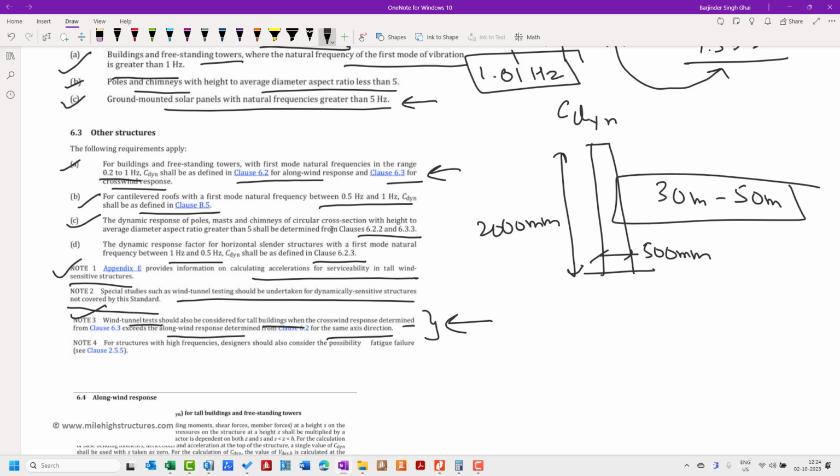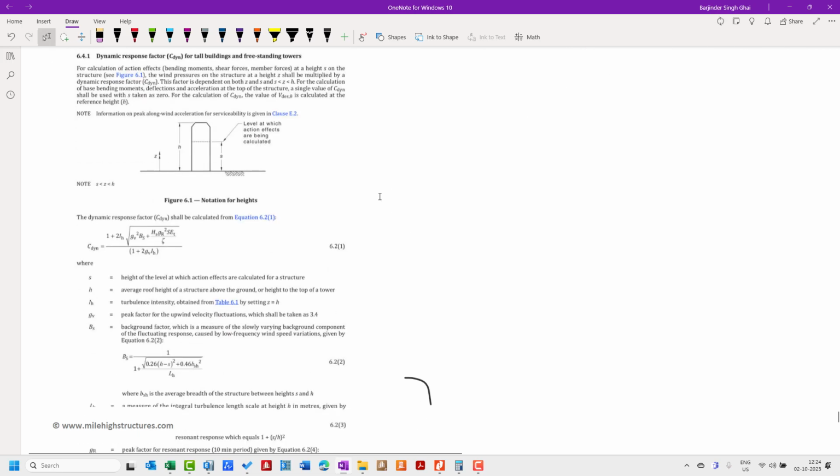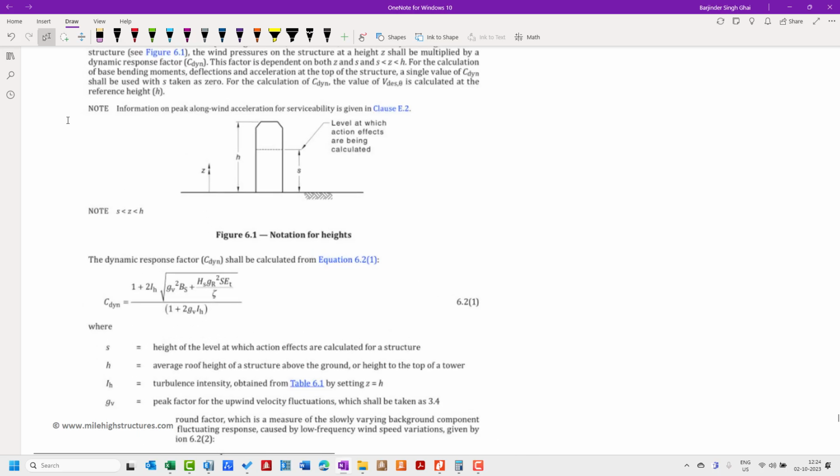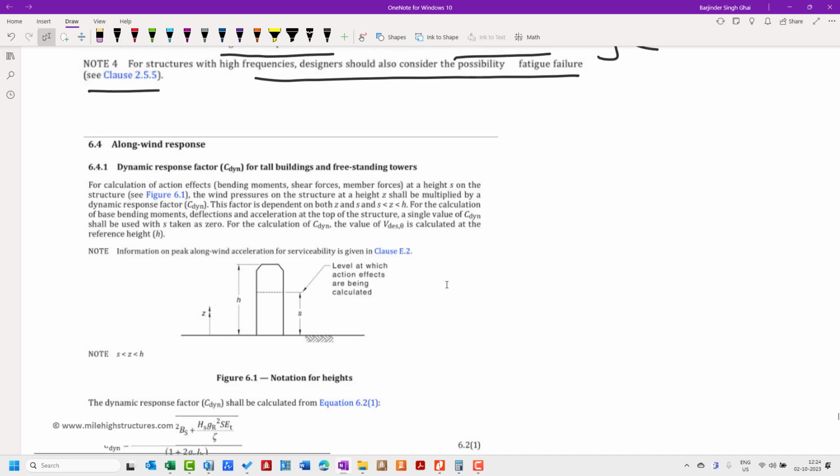We have studied in the earlier lecture how acceleration plays a very important role in the comfort level of the persons that are in a particular building at the time of extreme winds. For structures with high frequency, designers should also consider the possibility of fatigue failure. After that, this is the first scenario where we shall be calculating the Cdyn for simple tall buildings and freestanding towers.